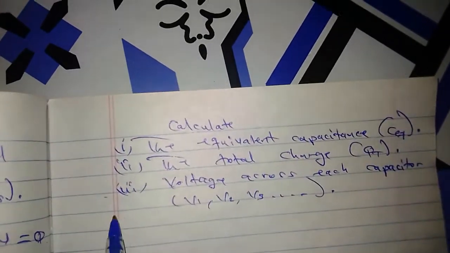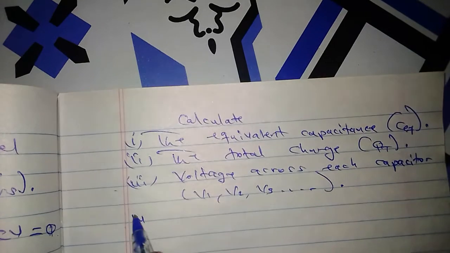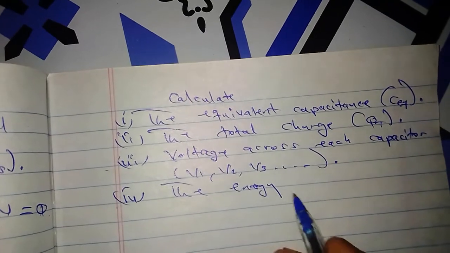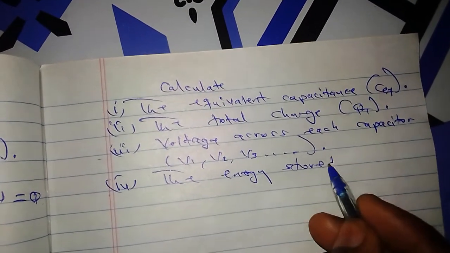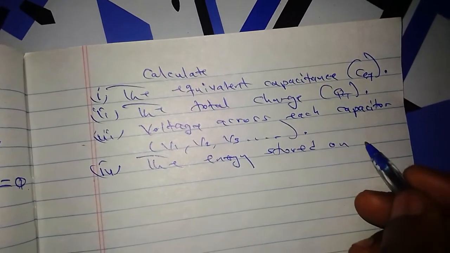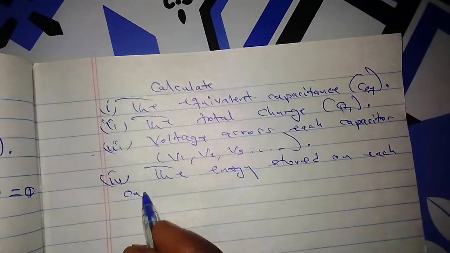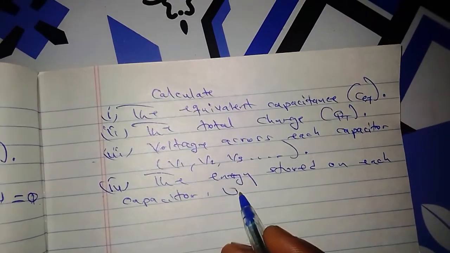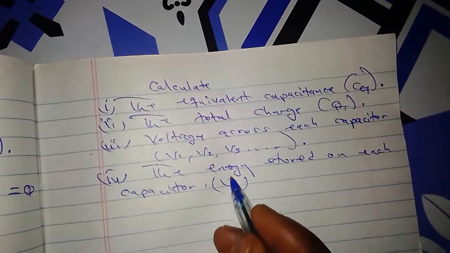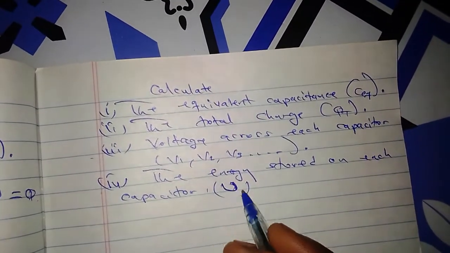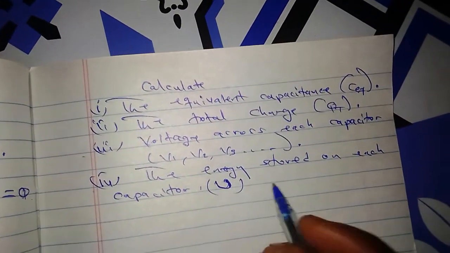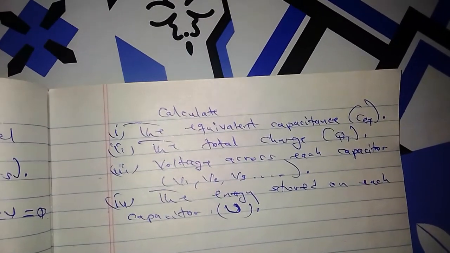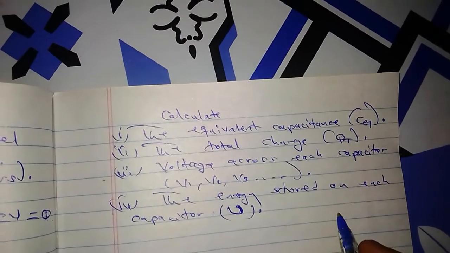So the total charge, and the energy stored on each capacitor. Normally it's in the form of U. This is the unit, and energy is measured in joules.